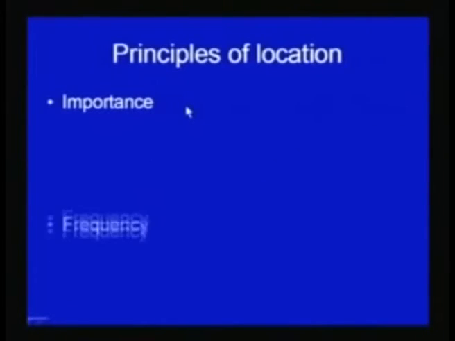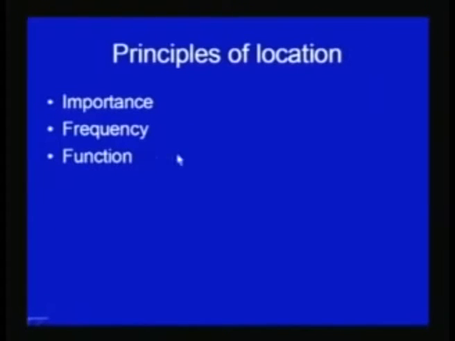These principles are based on importance, frequency of use, functions, and sequence of operation. So, the control devices should be located in light of these 4 principles: the importance, frequency of use, functions performed by the different controls, and the sequence of their use.